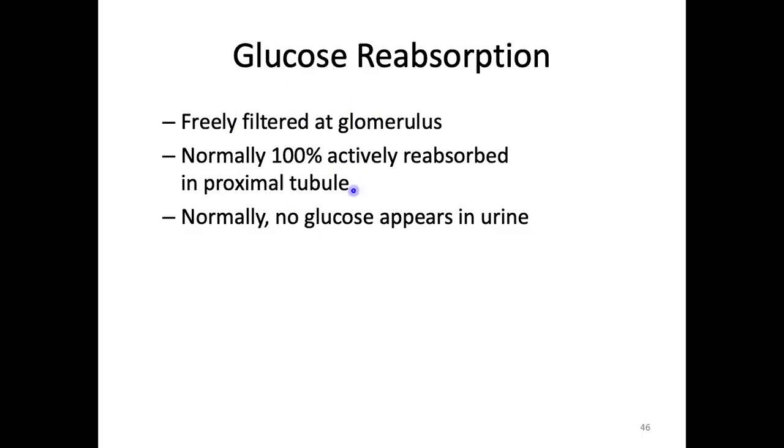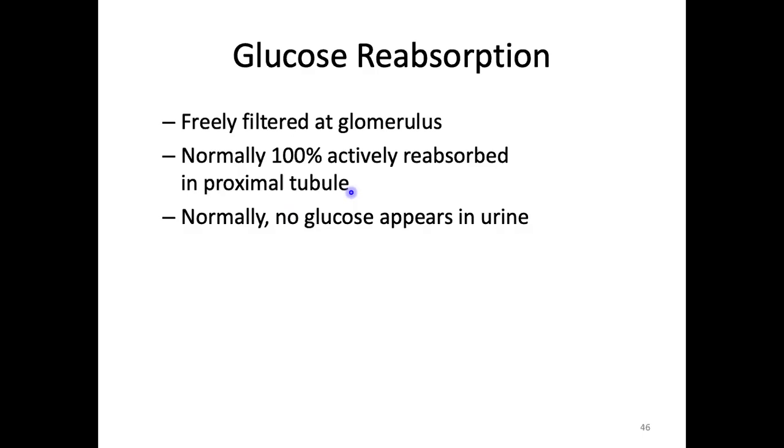So normal glucose levels, right? Around 70 to 100 milligrams per deciliter gets filtered out. Whatever's in the bloodstream is going to get filtered at the glomerulus, and whatever is filtered is going to get reabsorbed.